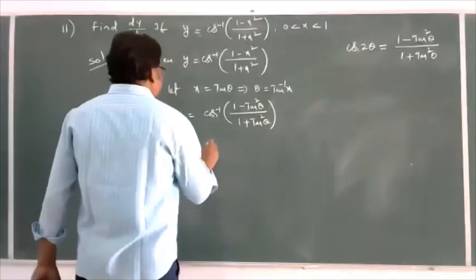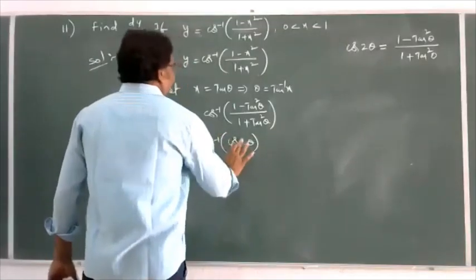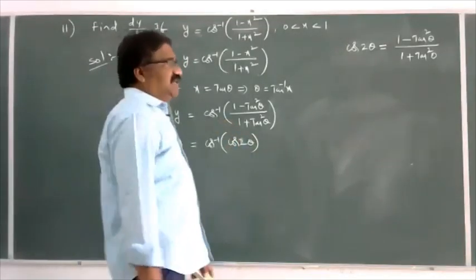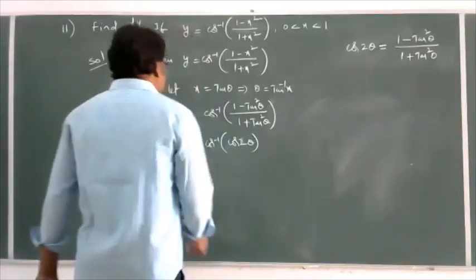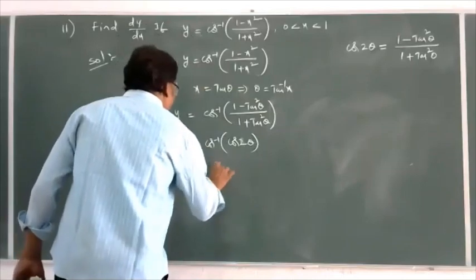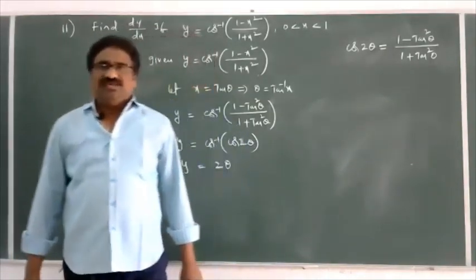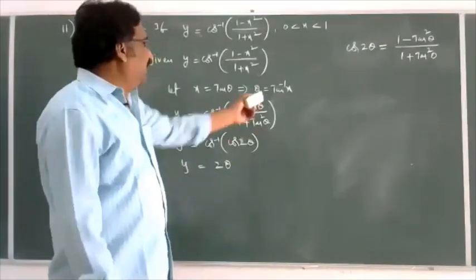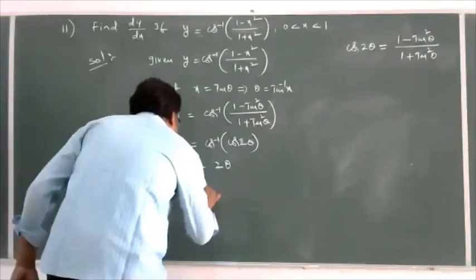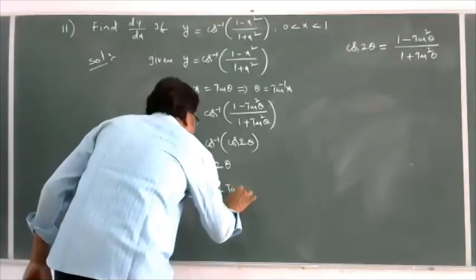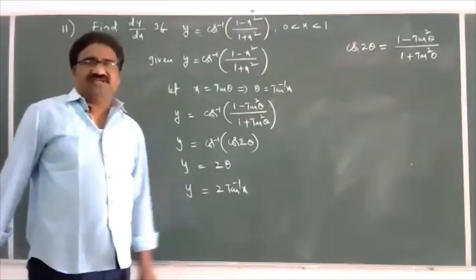That is y is equal to cos inverse of cos 2 theta, which is 2 theta. Here theta is tan inverse x, so y is equal to 2 into tan inverse x.